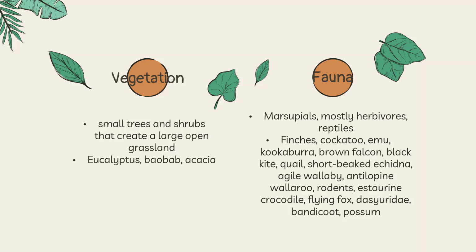Marsupials are different from other mammals because they give birth to such undeveloped offspring, while other mammals' young are much more mature. The animals include the echidna, eastern grey kangaroo, the koala, agile and whiptail wallabies, or the other examples on the screen.